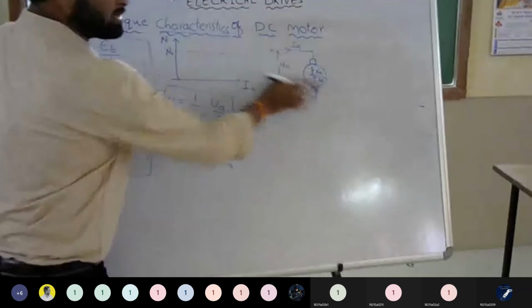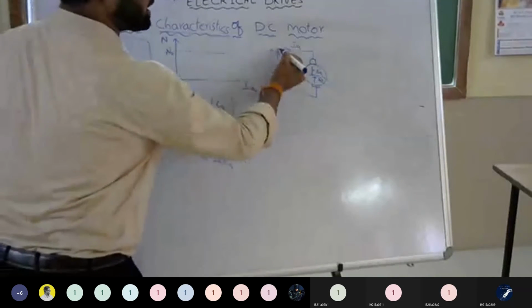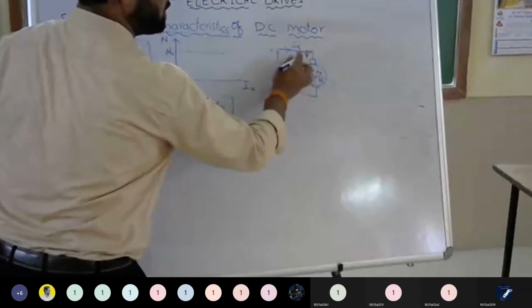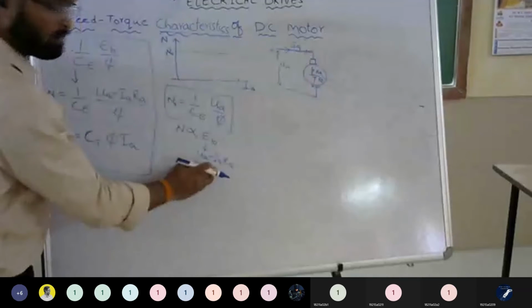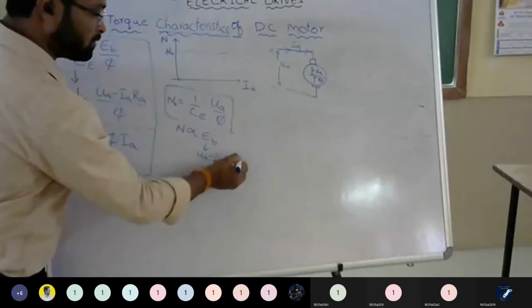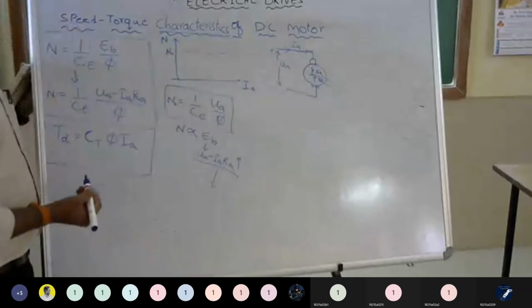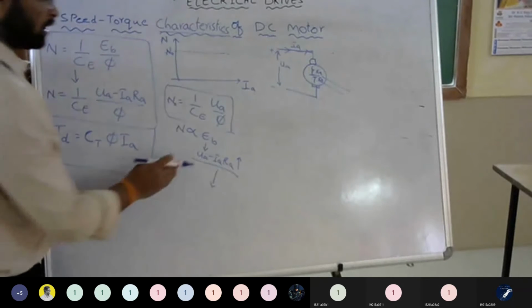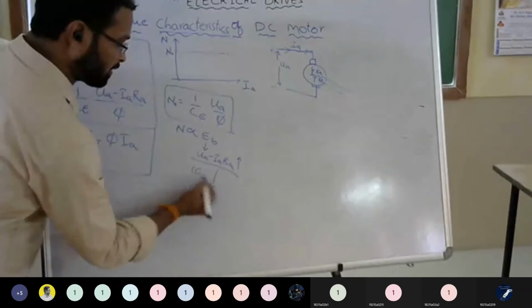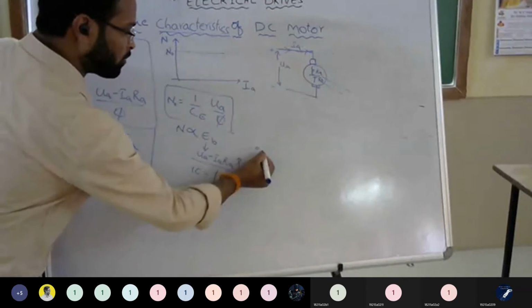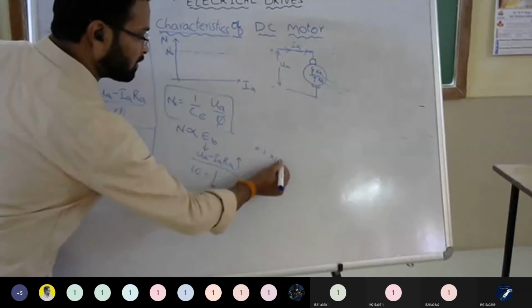So when load is increasing, automatically the current taken from the source will increase. When IA is increasing, what will happen to the total value? It will decrease, right? Suppose consider UA is 10, and IA is increasing from 0.1, and RA also you consider as 10.